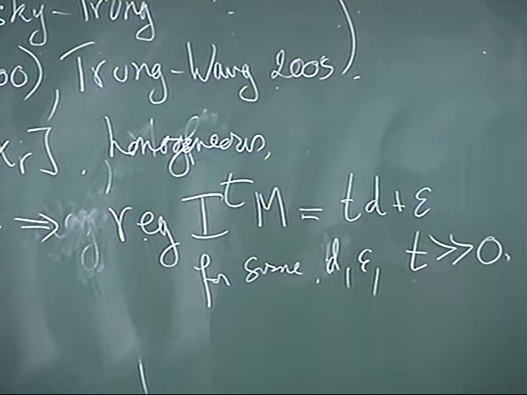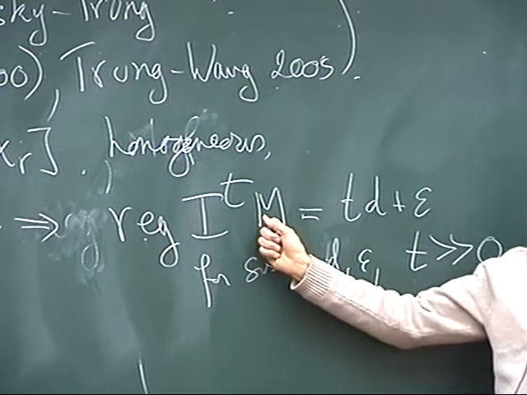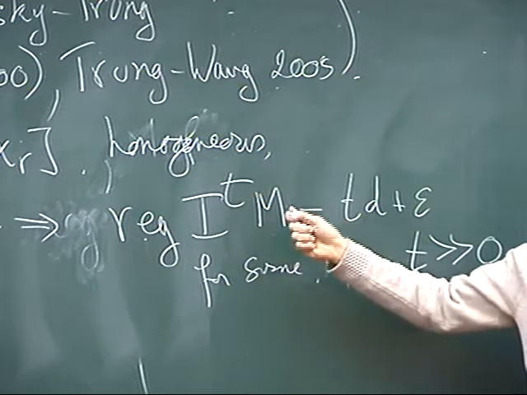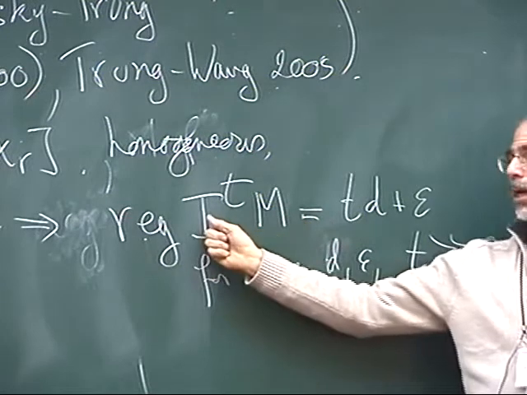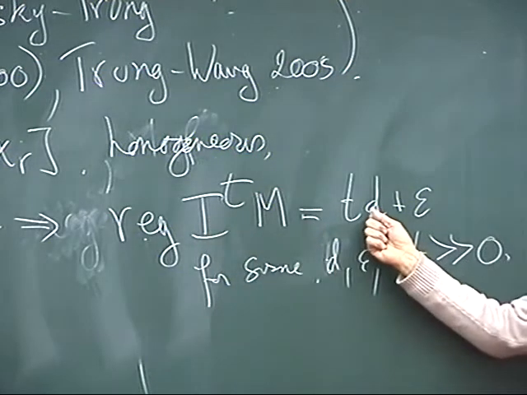It's a little messy to state in this generality, but for example, if M is generated in degree 0, all generators in degree 0, such as the homogeneous coordinate ring of some variety, and if I has all its generators in one degree d, then that d is this d.